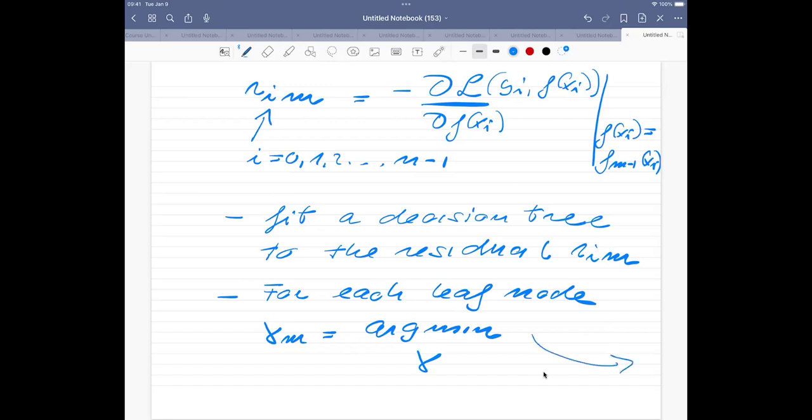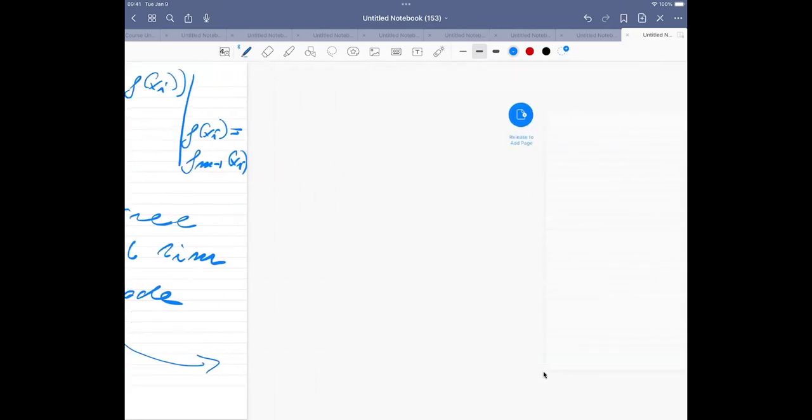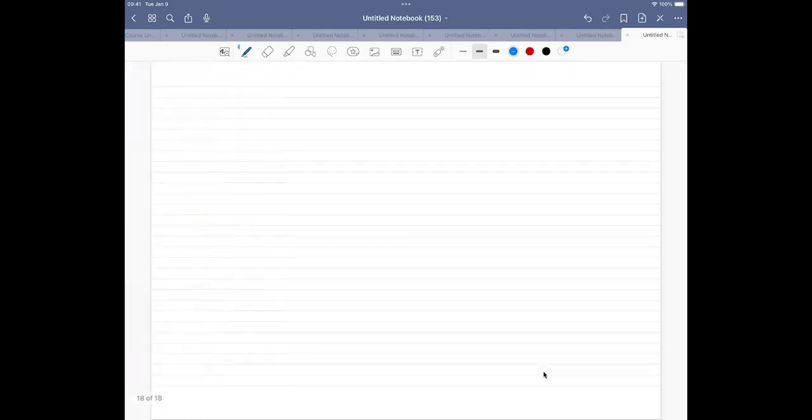So let me put that one up. I'm going to sum over all the points which are present in a specific leaf node. So we will have a variable j. So m is the specific iteration we are looking at, and this j is the specific leaf node which we're looking at, if this is a decision tree.